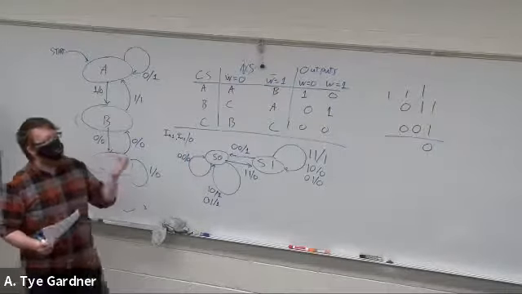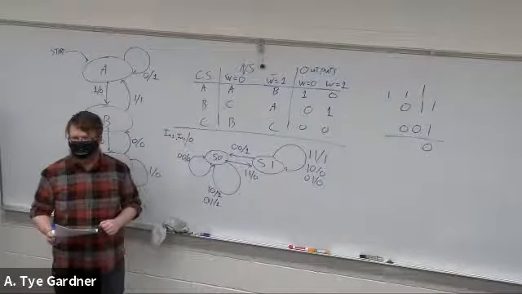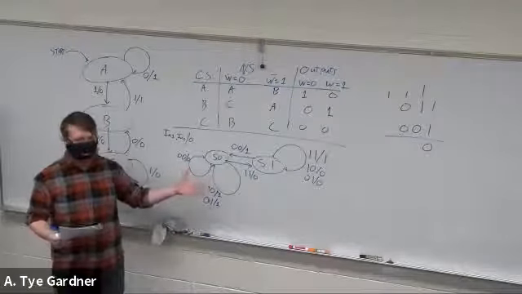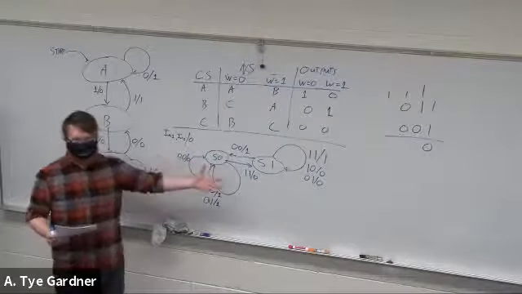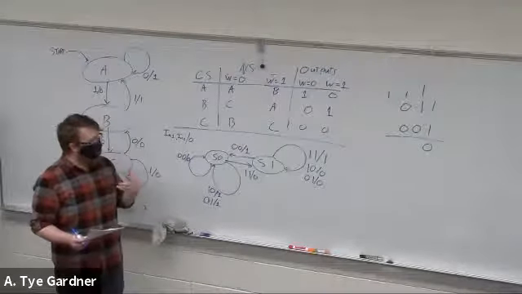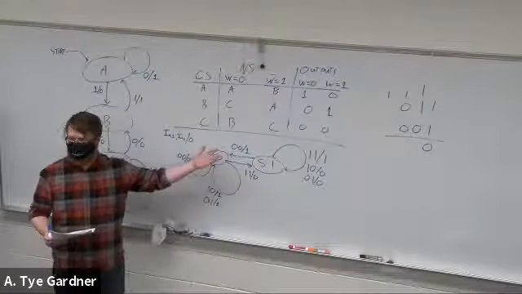Once I have a carry, the only way to get rid of the carry is 2 zeros. Does this make sense to everyone? This is a two-state state machine that has the ability to add any number of bits, right?